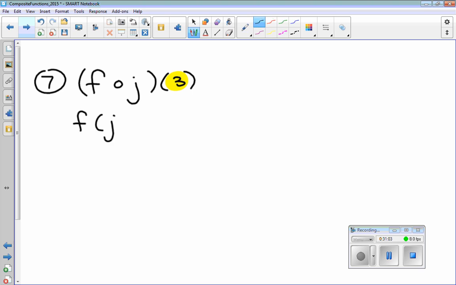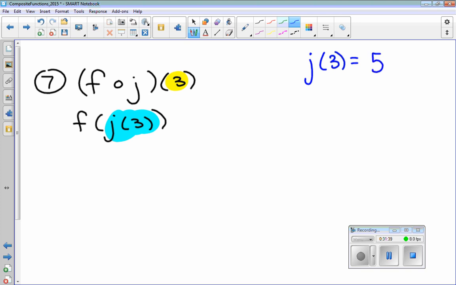This is going to be f of j of 3. That means composition. This means I'm plugging one into the other. What am I plugging into my function? Well, I'm plugging all of this. But what is that? I have to evaluate j at 3. So let's do a little side work. What is j of 3? Let's find that. So I'm looking at j.